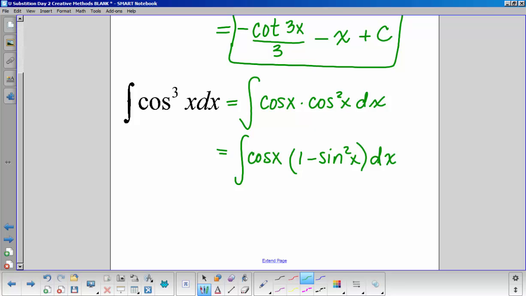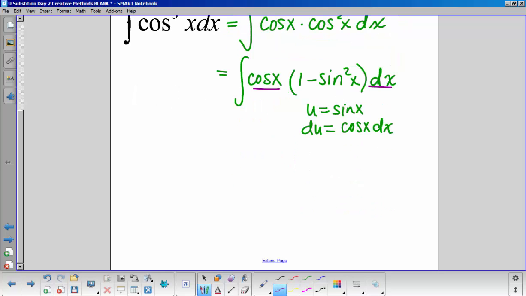Now, if we let u equal sine x, what's du? u equals sine x, du equals cosine x dx. Do I have that in the integrand? Yes, here's my du. So you can say then that this is going to be the integral of 1 minus u squared du.